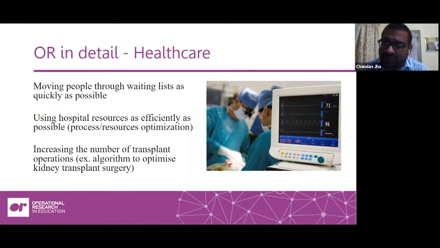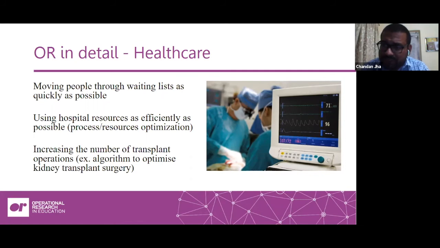These resources: we have limited resources, like a limited number of staff, limited number of senior doctors, junior doctors, nurses and other healthcare staff.